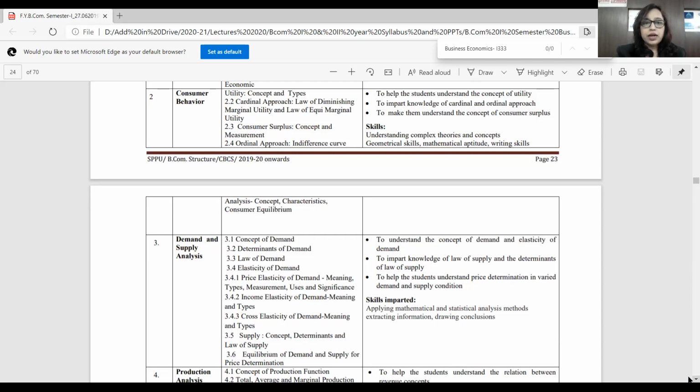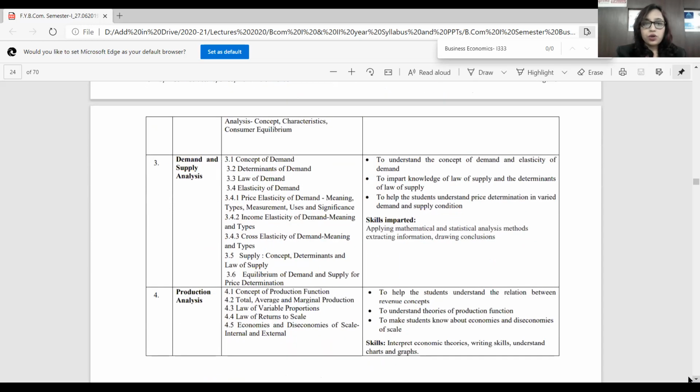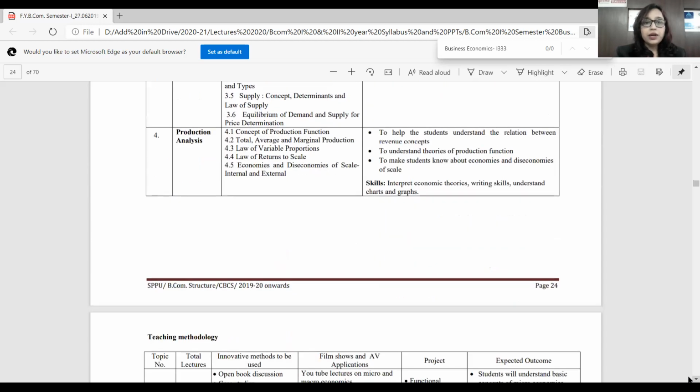So the third unit has demand and supply analysis, everything about demand, like law of demand, elasticity of demand, types of elasticity of demand, supply, equilibrium between demand and supply, etc. The last unit is your fourth unit, that is production analysis. Here you will study the law of variable proportions, law of returns to scale, and economies and diseconomies of scale, internal and external.